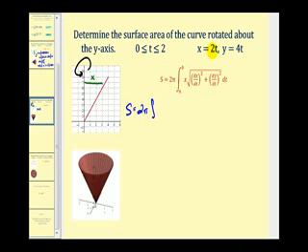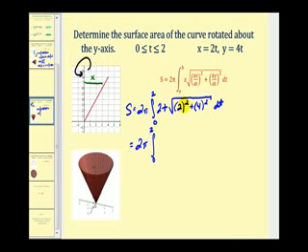Well, x is equal to 2t. Of course, dx/dt and dy/dt are the same. And the interval is still from 0 to 2. This is square root 20, which is 2 square root 5 times 2. That'll be 4 square root 5 t dt.